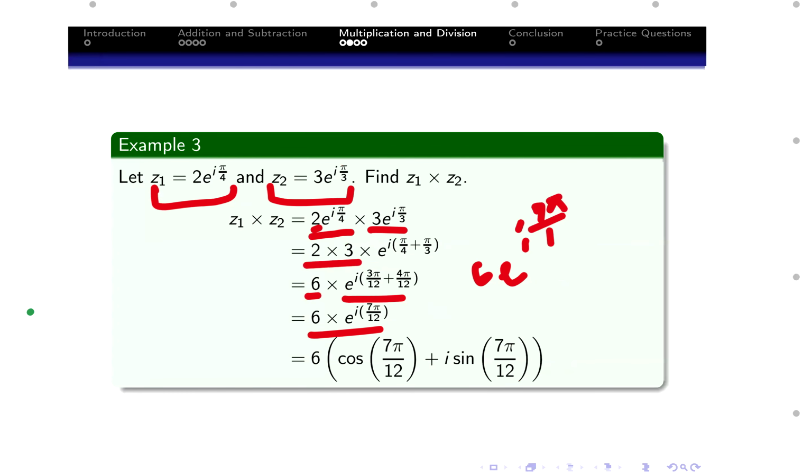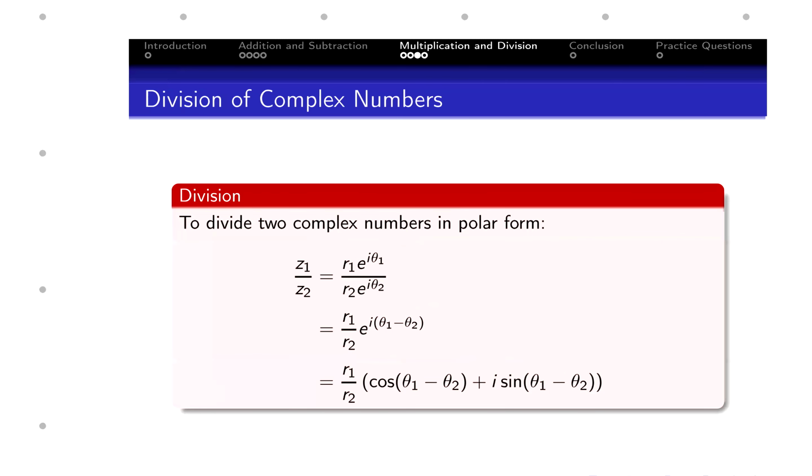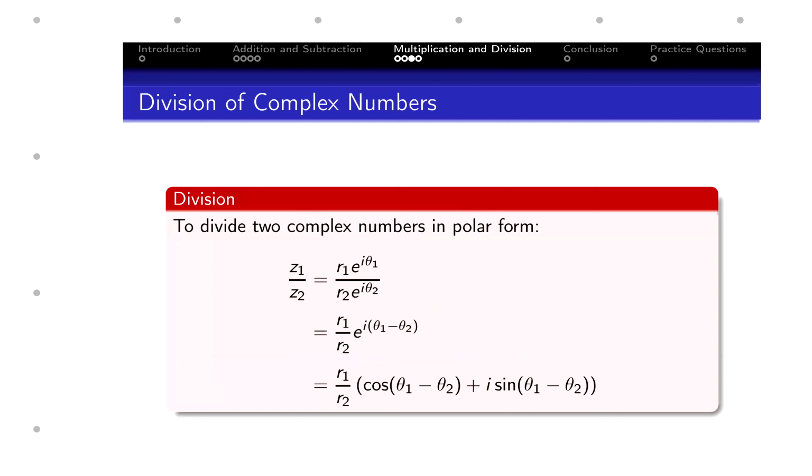So that leads us to division of complex numbers. So the law of indices also comes in pretty handy here. So we have Z1 over Z2 equals r1 e^(iθ1) over r2 e^(iθ2), like that. And then you can divide the numbers straight.